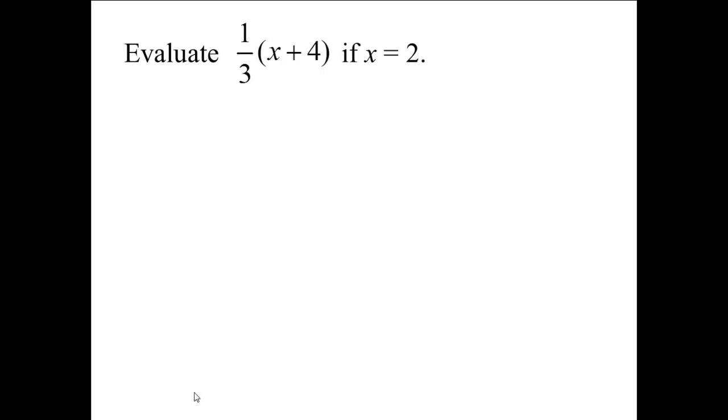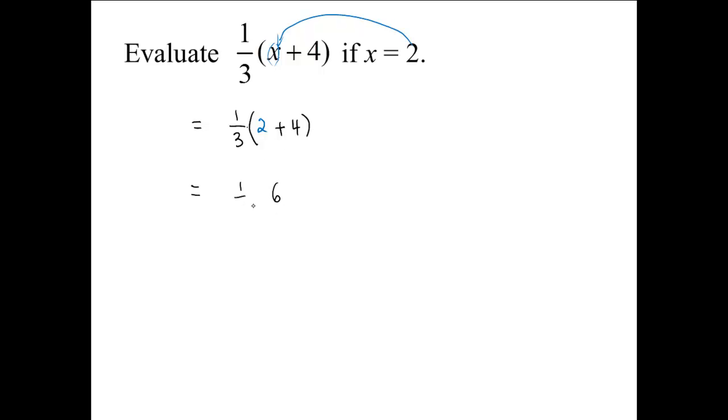Evaluate 1/3 times the quantity, x plus 4 if x equals 2. We will replace this variable x with the value 2. We have 1/3 times the quantity, and here's where we replace x with 2 plus 4 close parentheses. Order of operations requires us to compute what's inside the parentheses before we perform this multiplication. 2 plus 4 is 6.